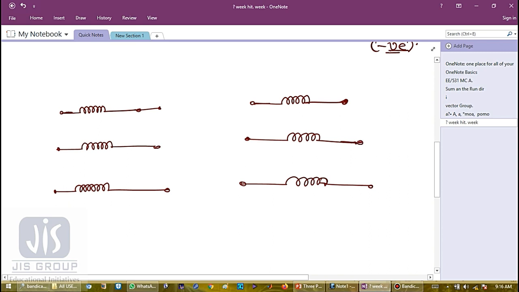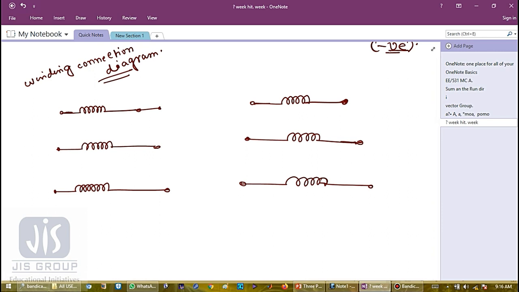I am drawing the winding connection diagram. Now give the terminal names accordingly.